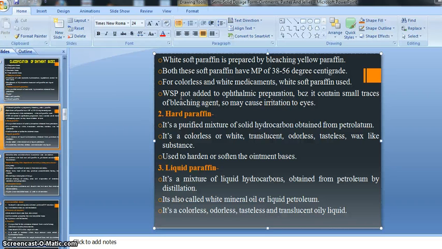When selecting a soft paraffin, there is a specific instruction that white soft paraffin is used for white or colorless medicaments.